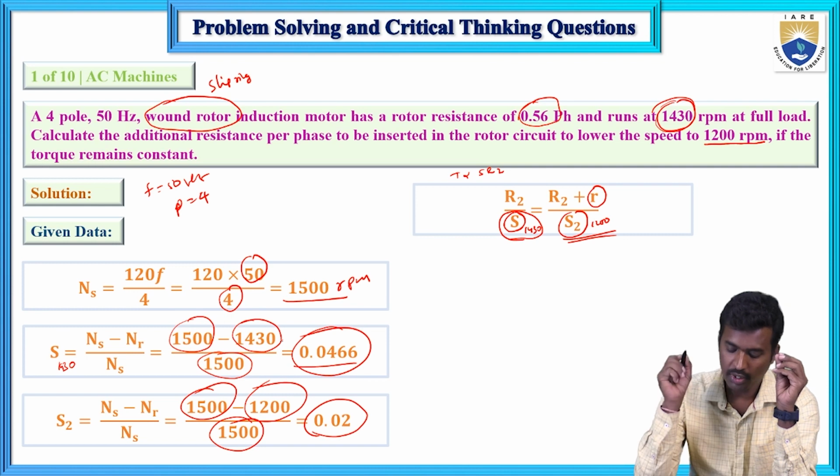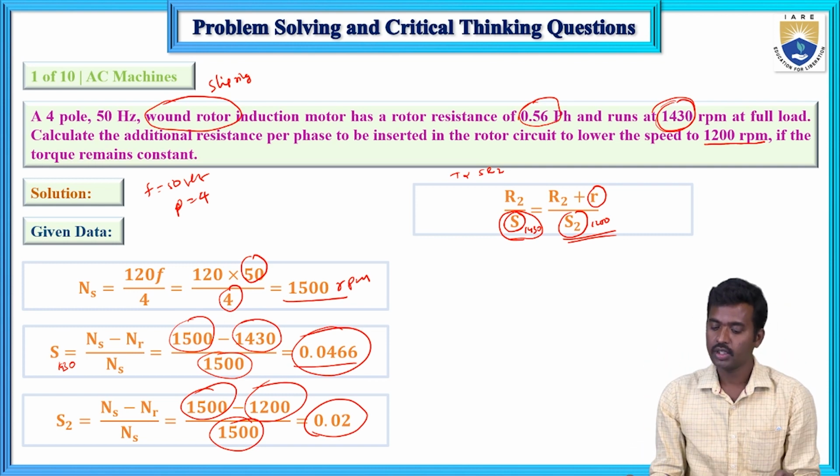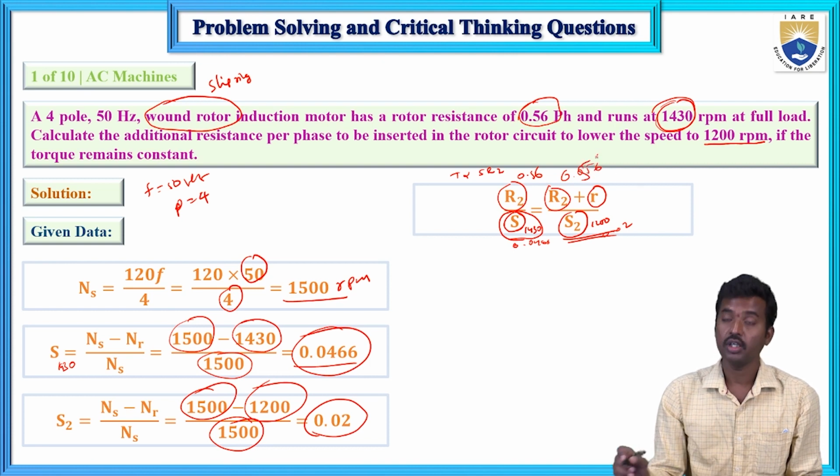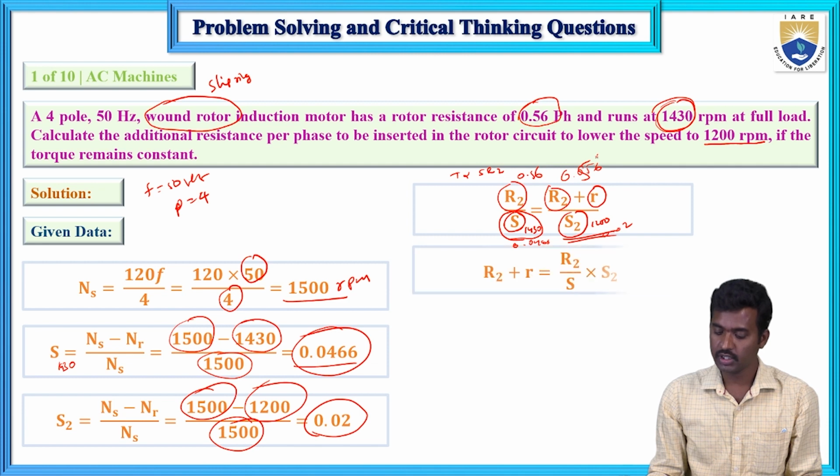This is 0.046. Now the actual resistance is 0.056, so only 56, and from this we can determine the resistance value.